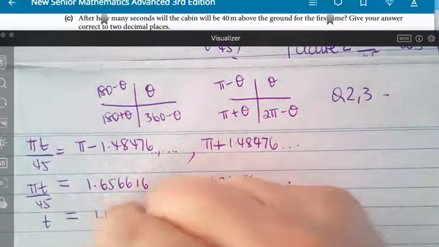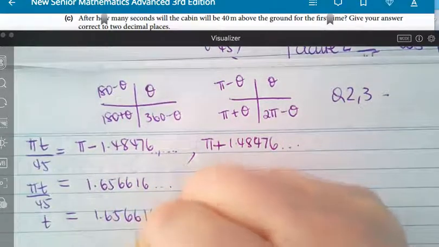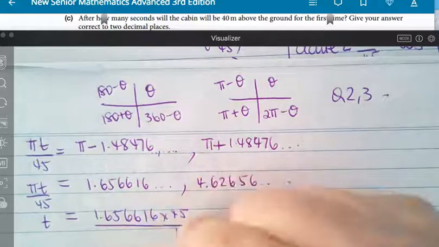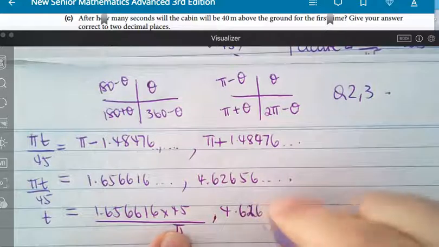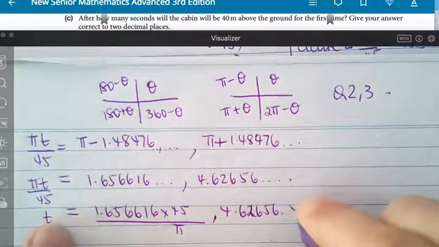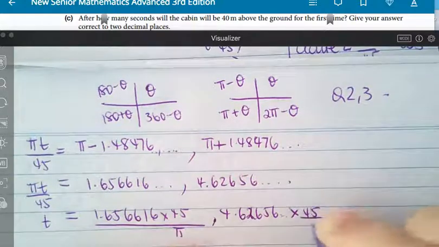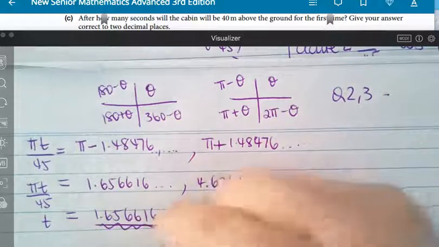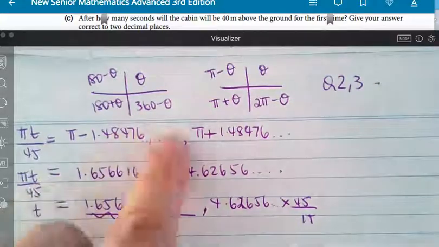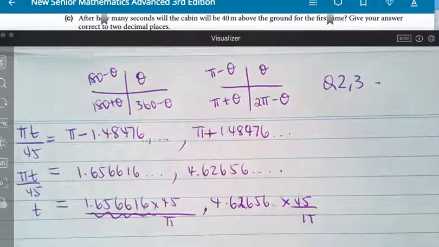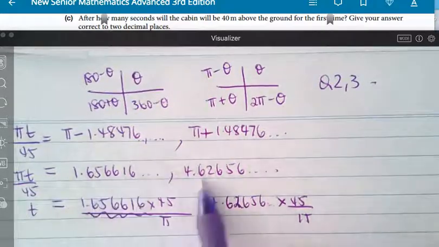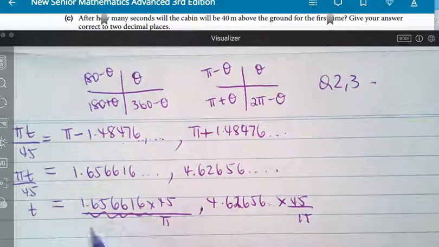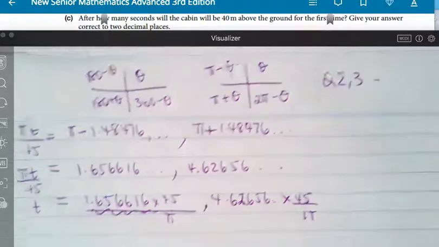So you've got this answer times 45 over pi, and then the other answer times 45 over pi. Okay, so wouldn't the 45 go up and the pi go down? Now look, before you worked all this out, you may have wanted to times the 45 divided by pi at that step above if you want.